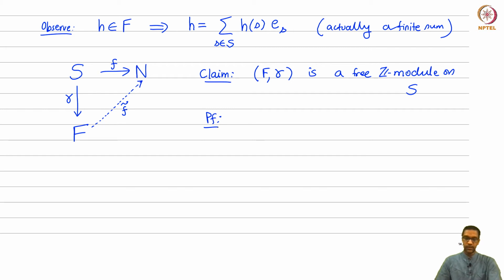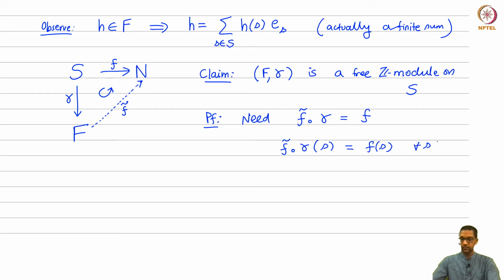Okay, so let's prove this. What is the commuting of this diagram? Sometimes we put this arrow to say that the diagram commutes. We need the following property: f tilde composed with gamma should be f. In other words, let's evaluate both sides on s, for all elements s of S. What is this?